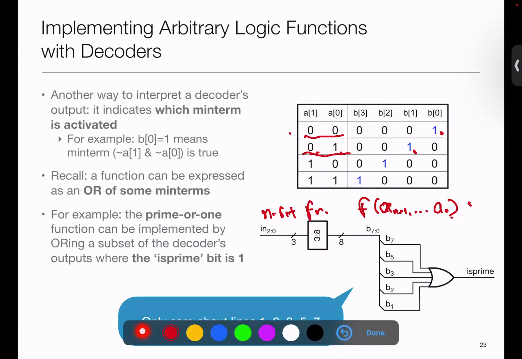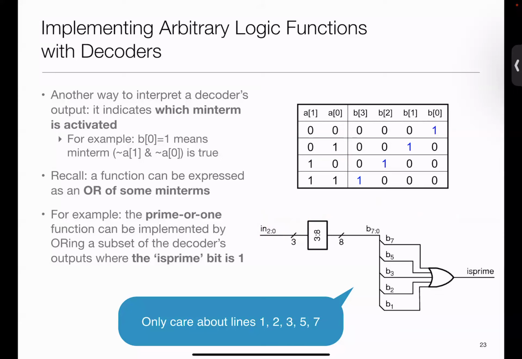So for example, our good old friend, the 3-bit S prime function, can be thought of as taking my 3 bits of input, decoding them, getting 8 outputs from the decoder, and then selecting those entries which correspond to the minterms I'm interested in. So 1, 2, 3, 5, 7, I put an OR gate out here. So decoders plus an OR gate can implement any logic.